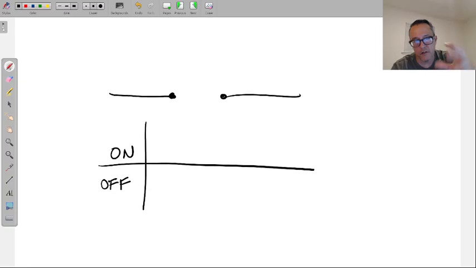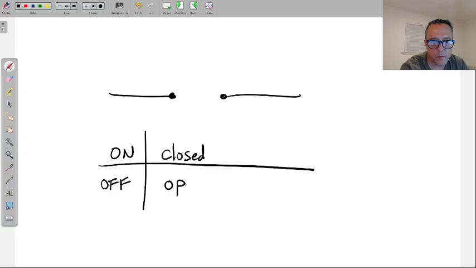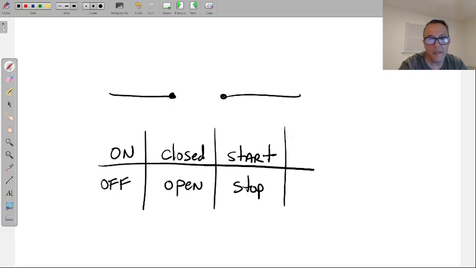The way I want you to understand switches on a deeper level would be open and closed. If something is on, that means the switch is closed. If something is off, that means the switch is open. We can even go further into this, where this would be starting and this would be stopping. And by the time you get into PLC and all of that stuff, you'd get into binary, where this would be ones and zeros.